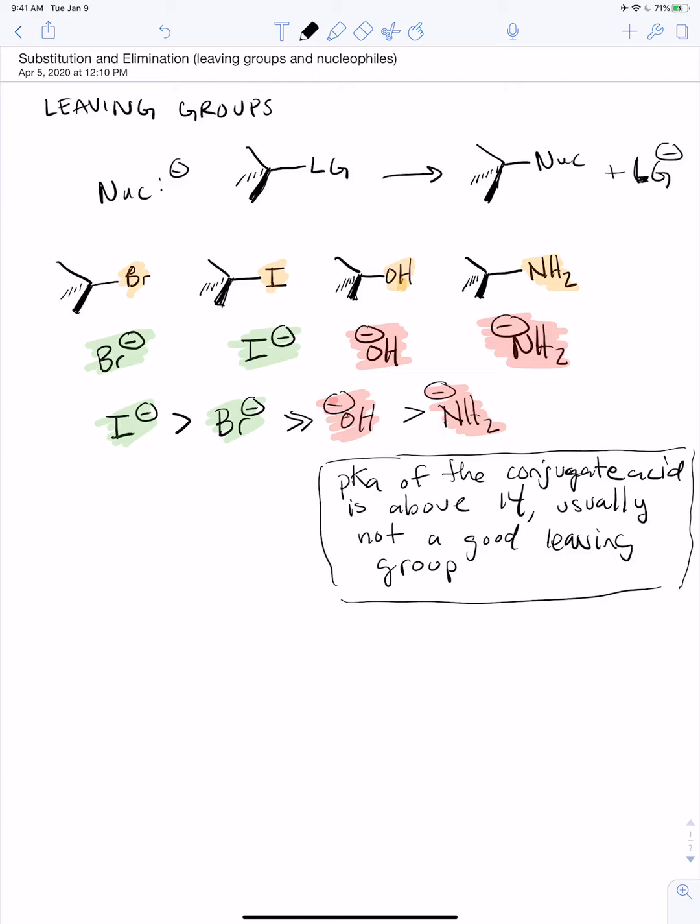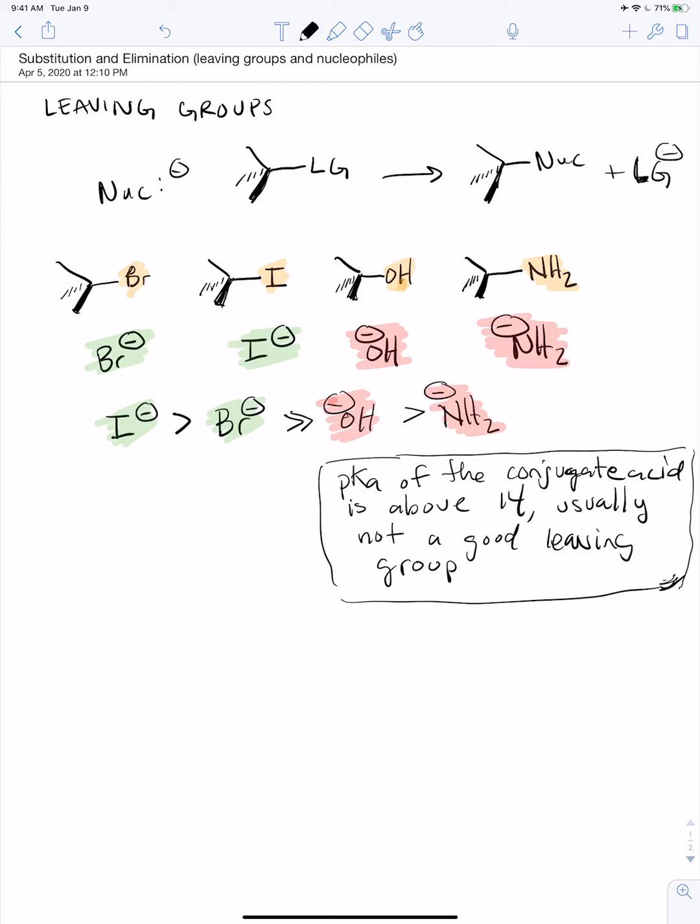But it should make sense intuitively that you generally don't go from something that's low energy to something that's really, really high energy. That's what we're talking about when we're using fancy words like exergonic or exothermic. We're not going to take a weak base and exchange it for a strong base, because you're going from something that's not reactive to something that's really reactive, and we don't see that.